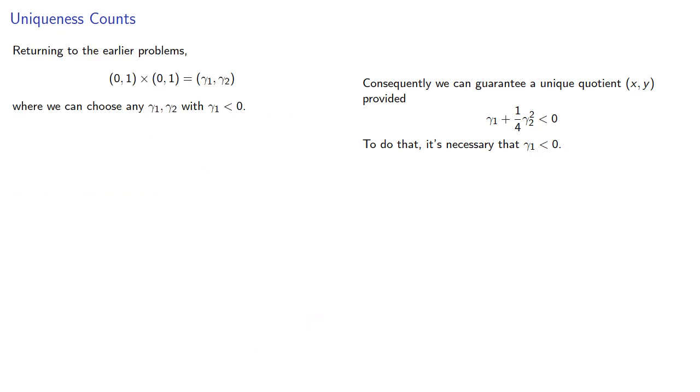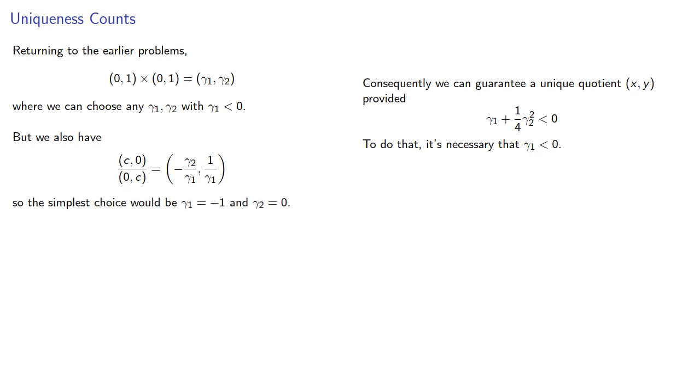So again, returning to our earlier problem, we can define this product to be (gamma 1, gamma 2), where gamma 1 is negative, but we also have this quotient, so the simplest possible choice would be to make gamma 1 equal negative 1 and gamma 2 equal to 0.